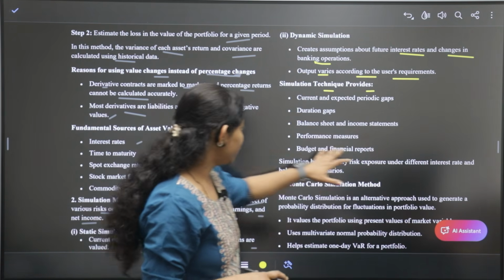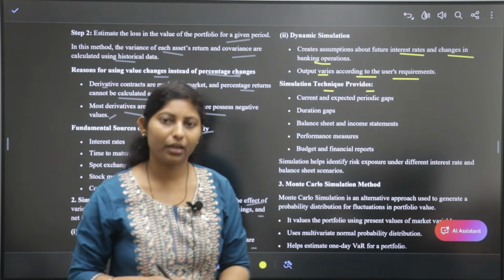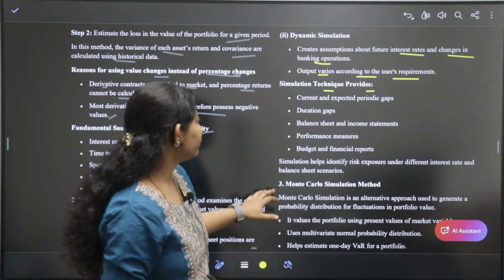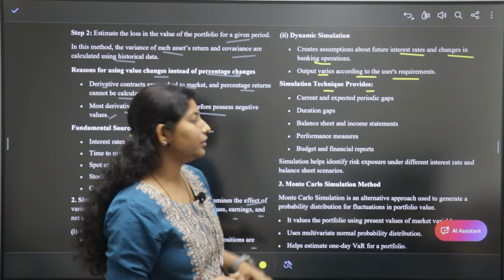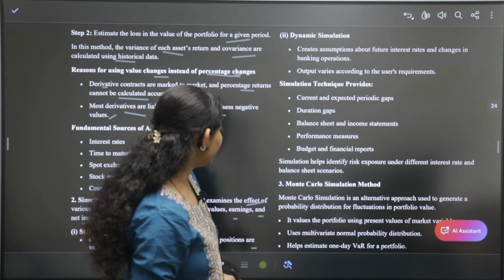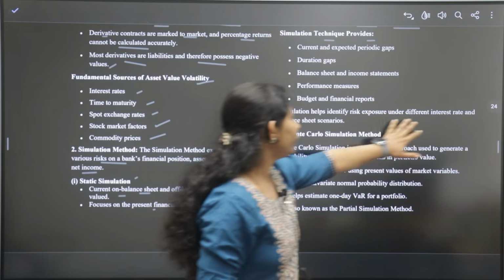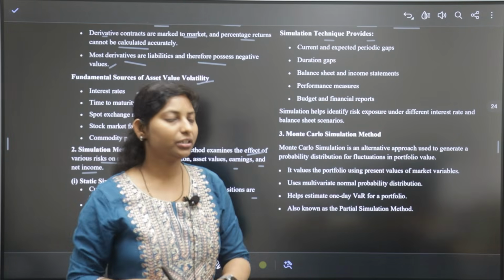Balance sheet and income statement, performance measures, budget and financial reports. These techniques are helpful in simulation, and simulation identifies the risk exposure under different interest rate and balance sheet scenarios.